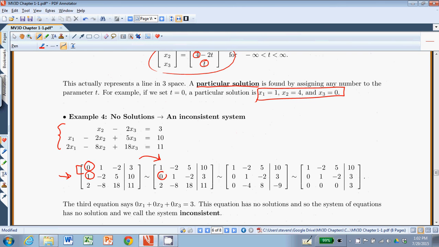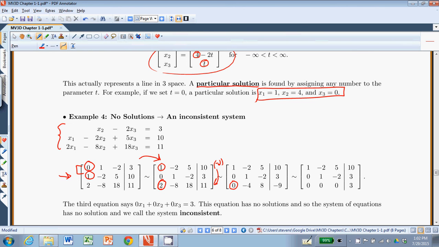I'd like to have a 0 here. I already do, so that's good. So I'd like to get a 0 here where that 2 is. So if I multiply this first row by -2 and add it, I get 1 times -2 plus 2 is 0.